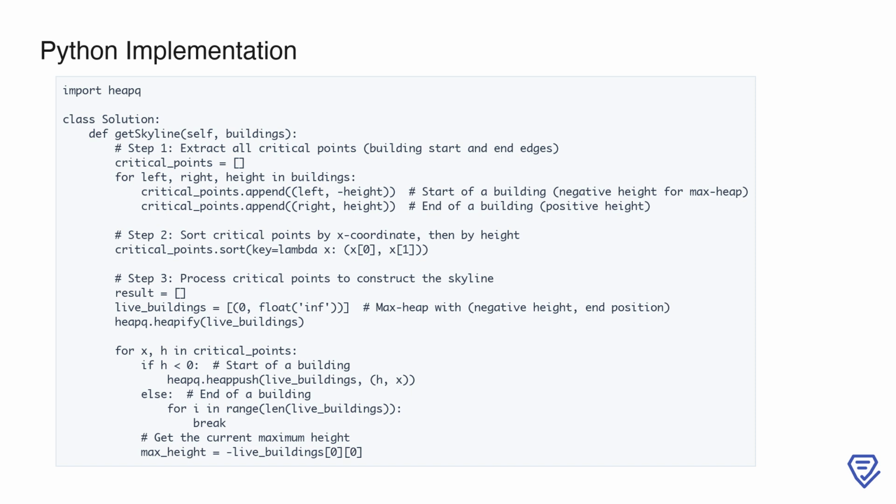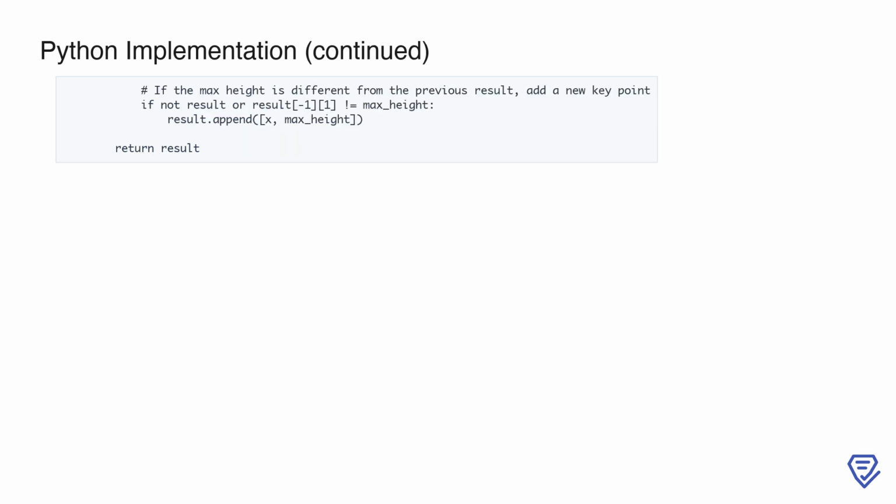Then, using a loop, we process each critical point to dynamically construct the skyline. Within the loop, we handle two cases for each critical point. If the height is negative, it indicates the start of a building, so we push it onto the heap. This effectively adds the building to our list of active structures. Conversely, if the height is positive, it signifies the end of a building.